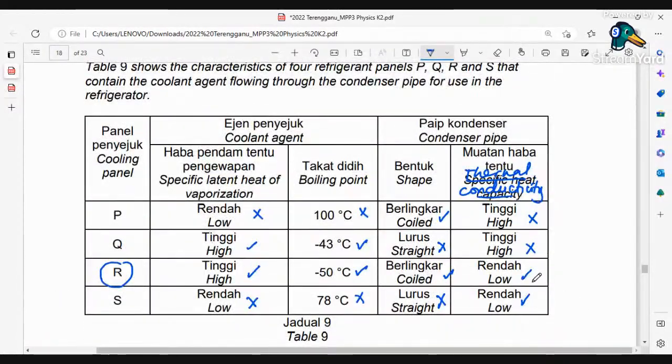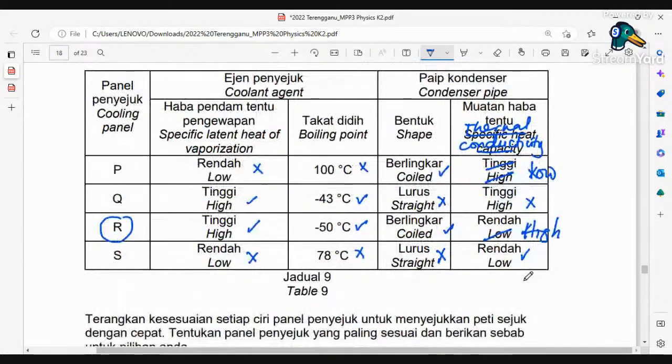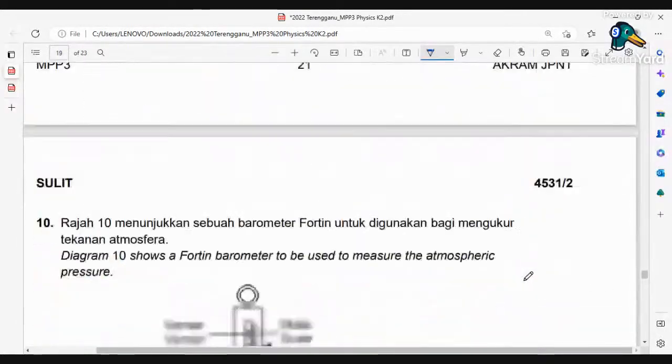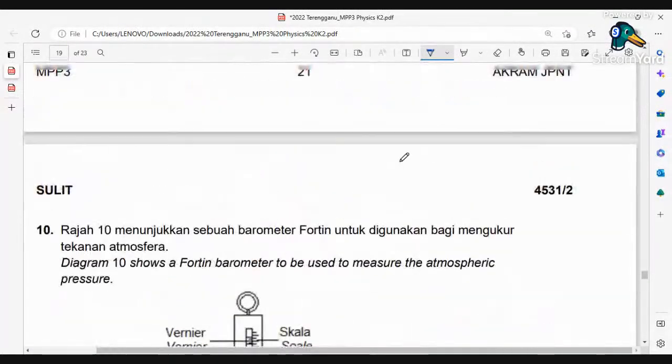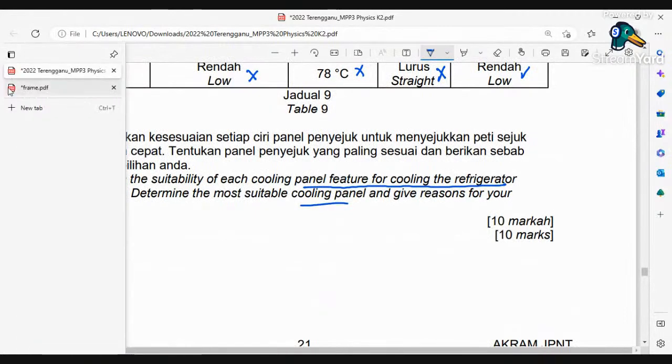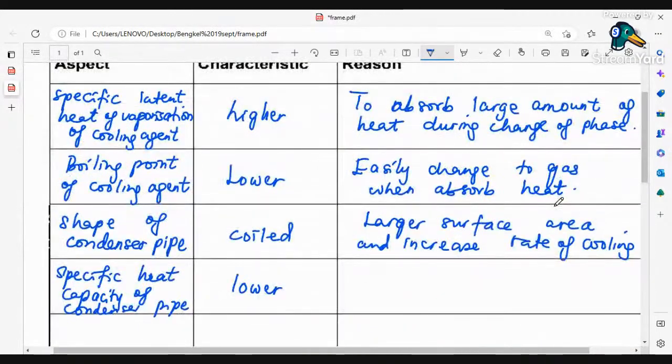The pipe cannot have a small specific heat capacity, so we change this one to thermal conductivity, if not, there's no answer. And then this one, maybe we will just put as low. There's some mistake for that question.